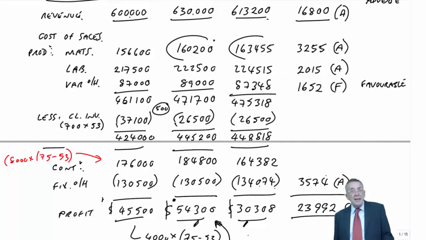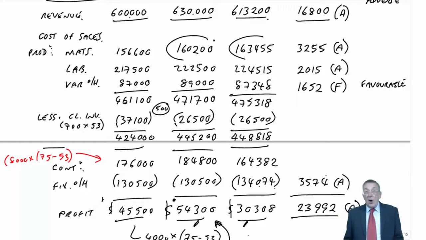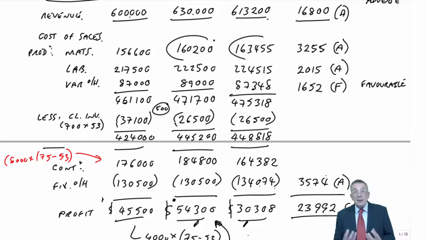Maybe we used 5 kilos of material a unit. And either of the two would have resulted in spending more. Did we use too much material, or did we pay the wrong price, or a combination of the two? And we need to find out. We need to find out, why did we overspend?